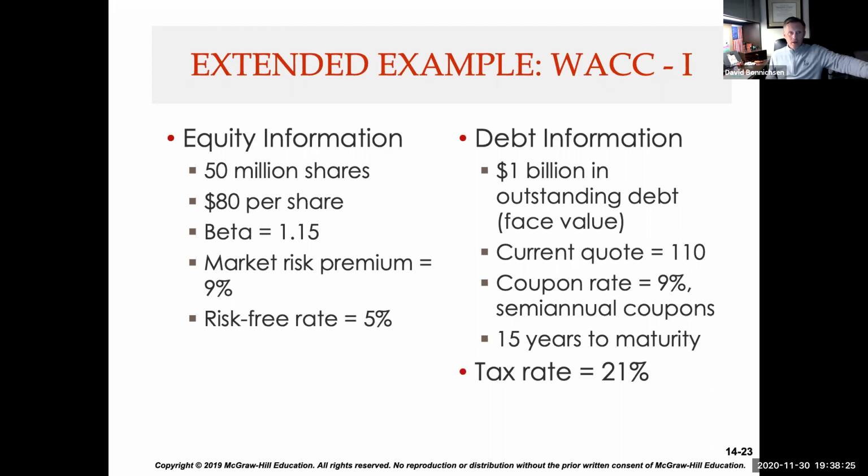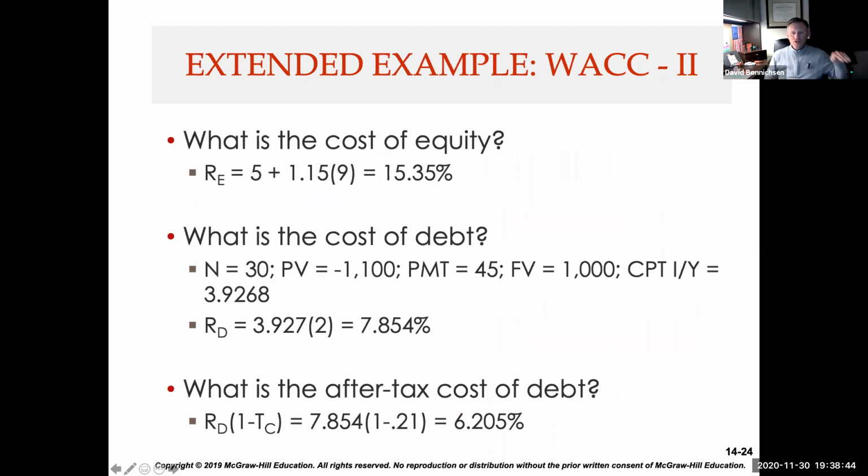Done, plain and simple. We're given coupon rates, current quotes, outstanding face values, and times, so we're going straight to yield to maturity calculations on the bonds. And we're told the tax rate, so we can now calculate the adjusted after-tax cost of debt.